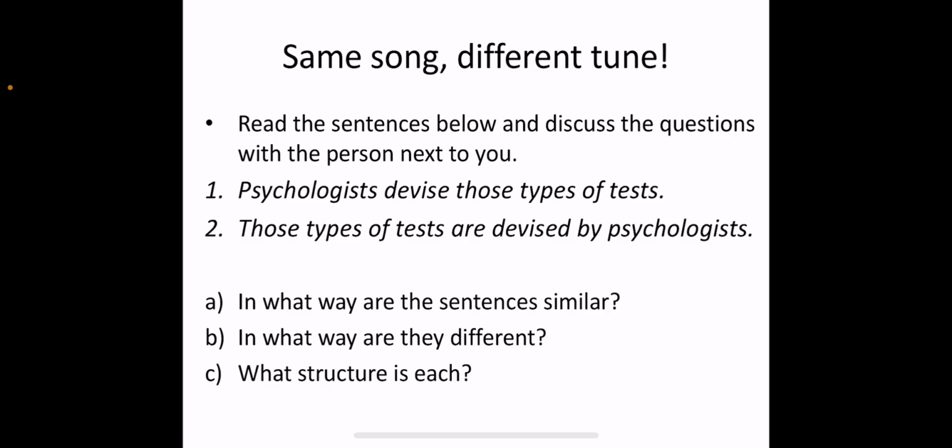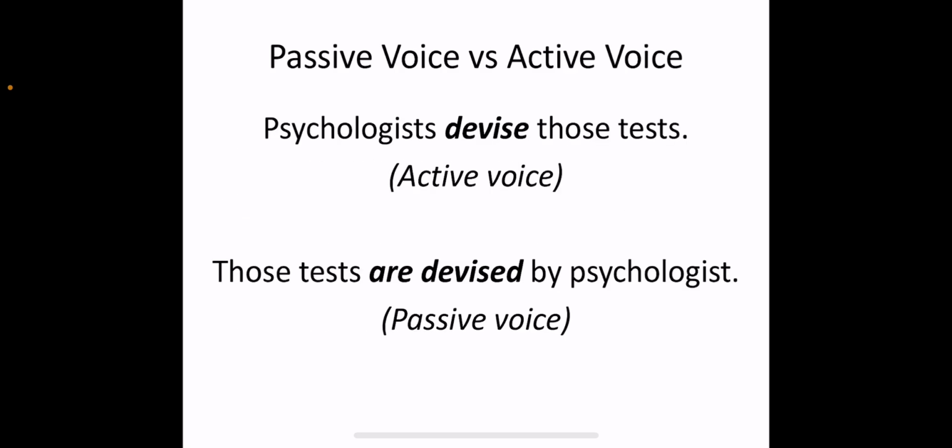And first, we need to identify and understand what is the difference between active and passive voice. So we know just by looking at the structure that they are different in form. That is very clear.